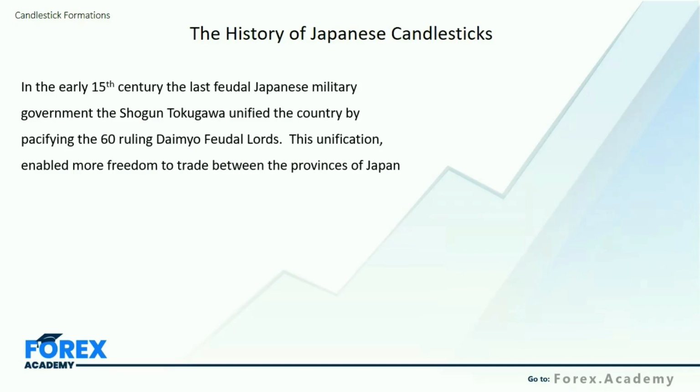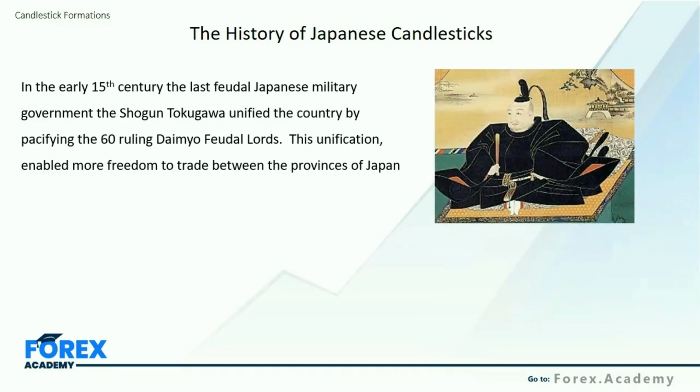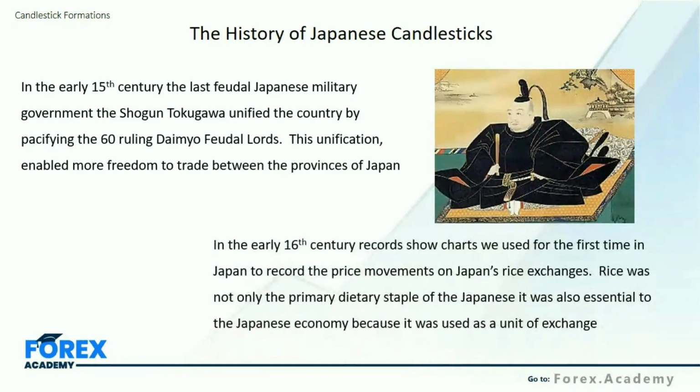What it did was it enabled more freedom to trade between the provinces of Japan. And to just give you a bit of an image, this would be a typical image of a shogun. Now, so that led to some significant developments.